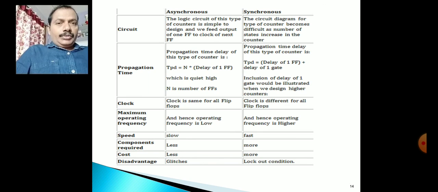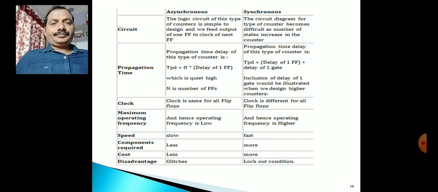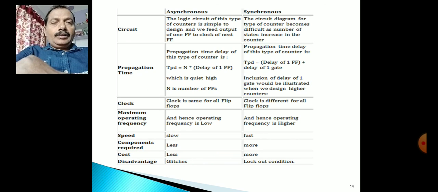For propagation delay, in asynchronous it is n times the delay of one flip-flop, which is quite high, where n is the number of flip-flops.